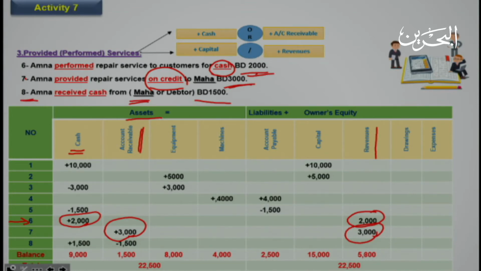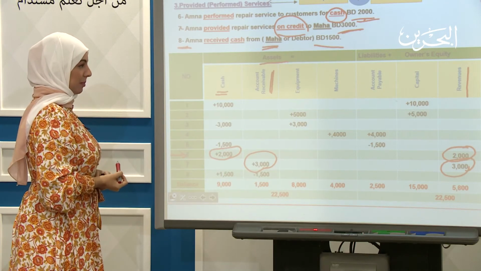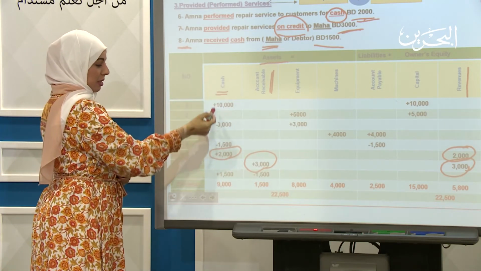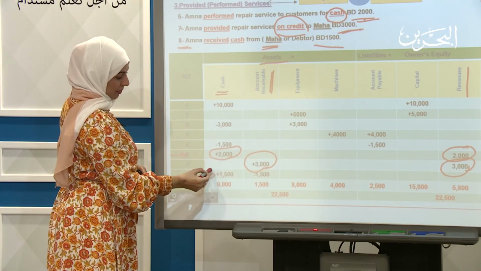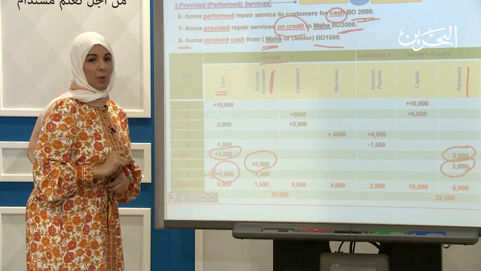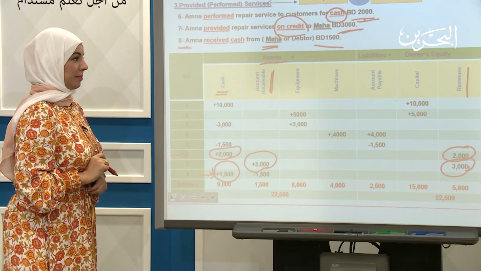In transaction 7, I provided service to Maha, but I didn't receive the amount. Now, in this transaction, I actually received the amount. So, coming to the cash, it will be increased by the amount I receive, 1,500.